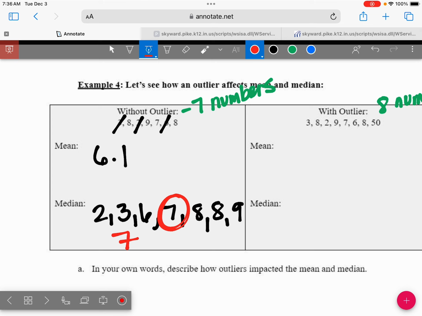So who got 11.6? About. Okay, so we got 11.6. That's our mean.